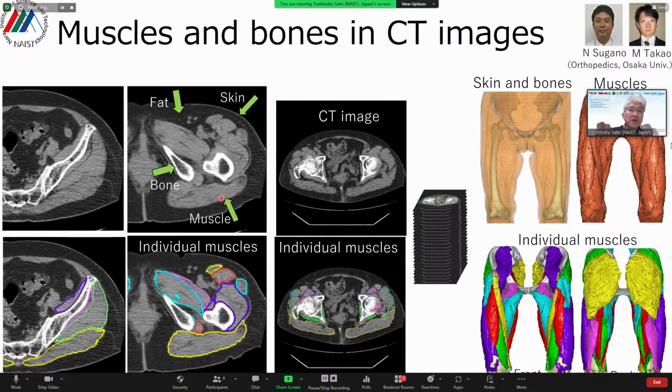So maybe you can now recognize what is muscle, what is bone, what is fat. But it may still be very difficult to identify each individual muscle. Each region is a different muscle. So our final goal is to segment and delineate these muscle boundaries accurately by deep learning.